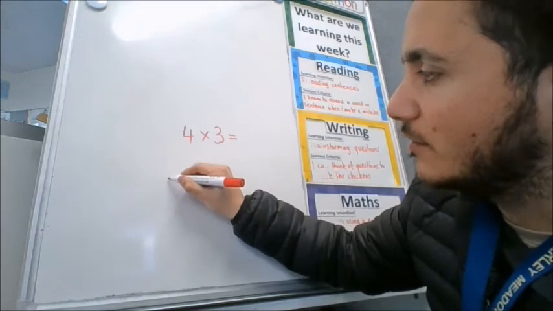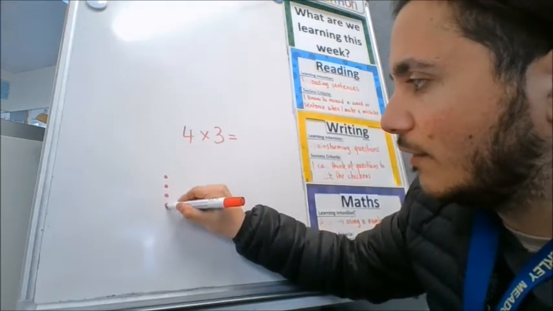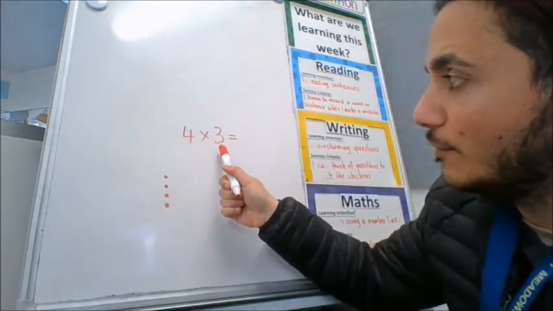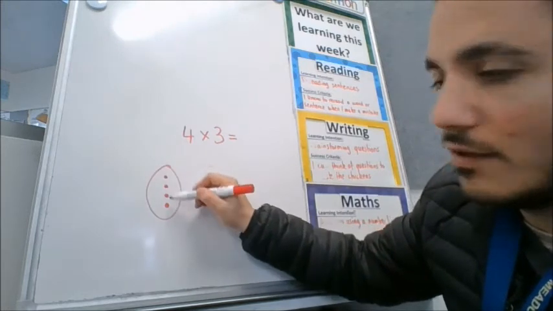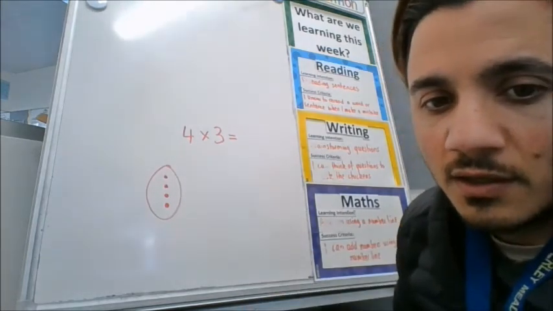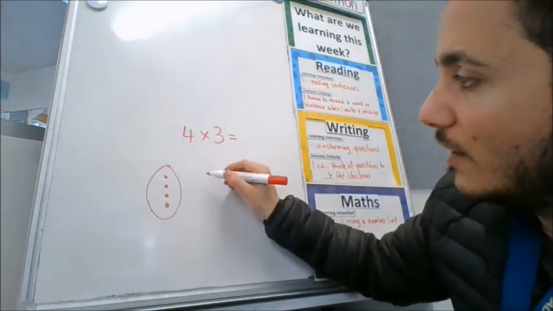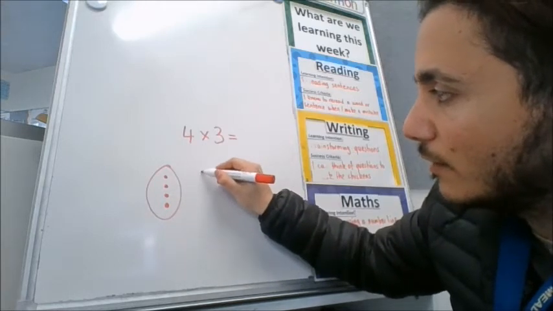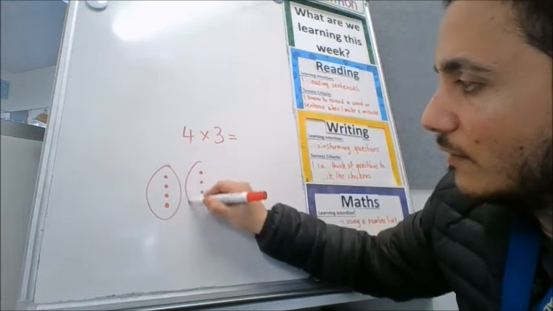I'm going to use dots. I've got 4: 1, 2, 3, 4. Now I want 3 groups of them. There's one group. Notice how I'm using my circles and dots. So far, I've got one group of 4. Now I want to clone them 3 times. Let me draw my 4 dots again.